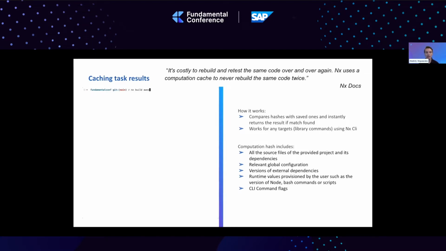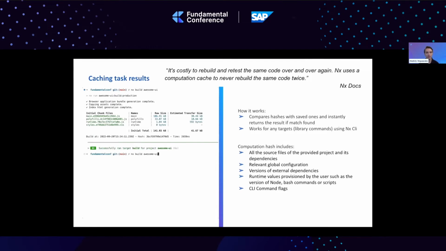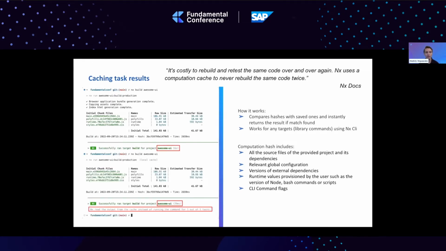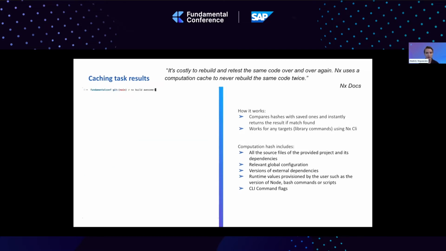Before running any task, Nx computes the computation hash. As long as the computation hash is the same, the output of running this task is obviously the same. And if Nx finds the computation, it retrieves and replays it. It places the right files in the right folders and prints the terminal output.